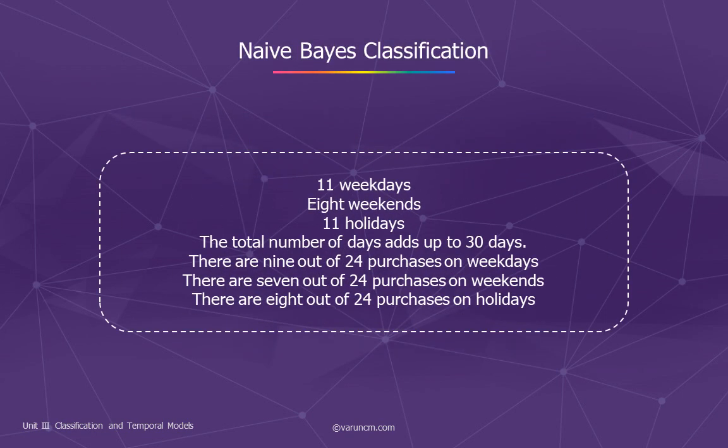Based on that, you can calculate that there are 11 weekdays, 8 weekends and 11 holidays. So the total number of days is 30. In that, 9 out of 24 purchase on weekdays, 7 out of 24 purchase on weekends and 8 out of 24 purchase on holidays.